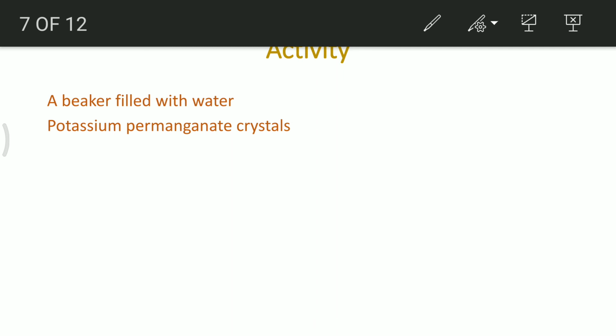So this is one of the ways by which diffusion occurs: movement of particles from higher concentration, the place where it is present in maximum quantity, to a place where it is present in minimum quantity, and at the end the place which had the highest concentration and the place which initially had the lowest concentration come to equilibrium. So this is all regarding diffusion.